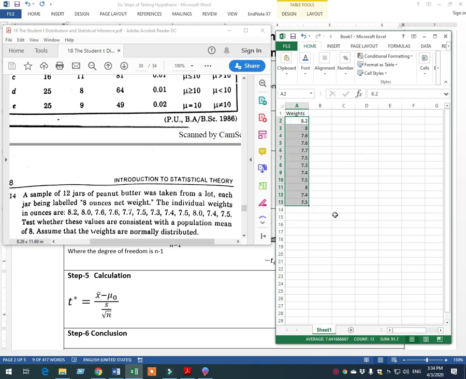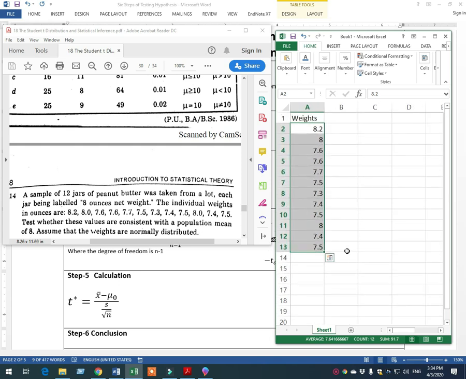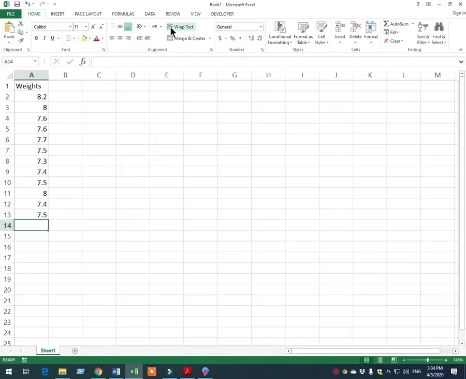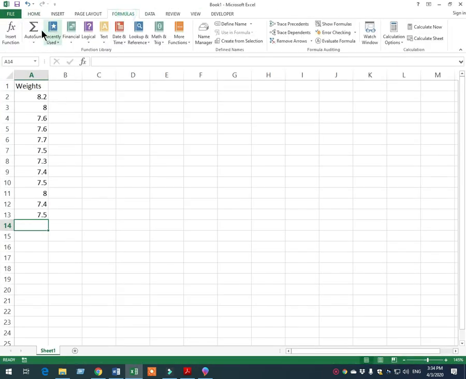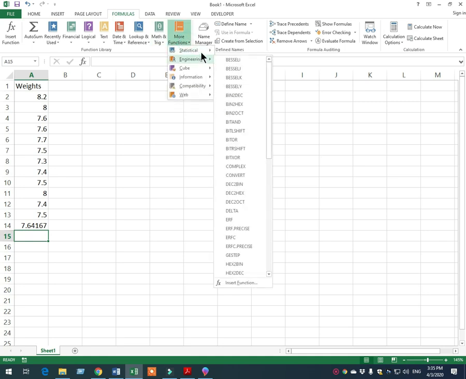Now we just have to calculate the mean and standard deviation, and for the mean obviously I have to use the formula of the average, and the average is showing all the selected area, and I'm just pressing enter. So we have the mean of these 12 jars as 7.64. Now in the next row I'll be having the standard deviation.